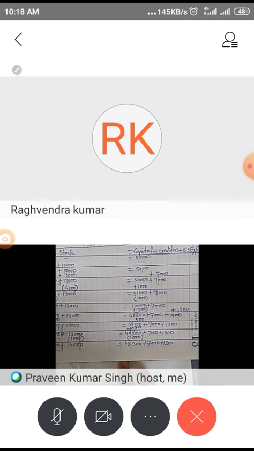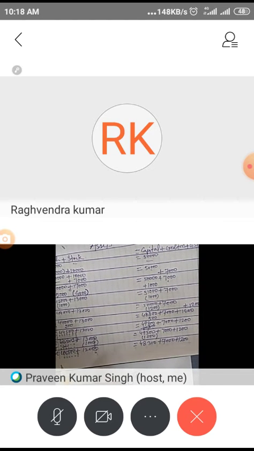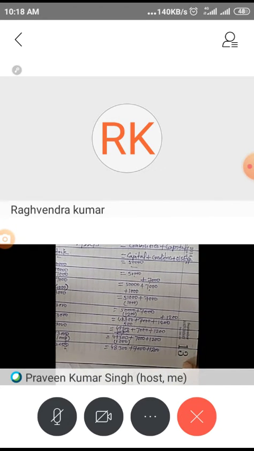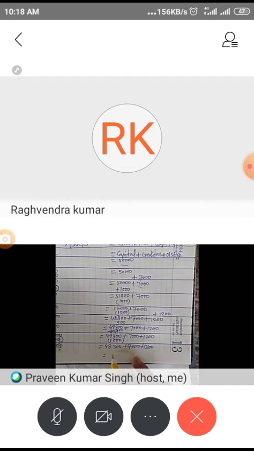So let us add cash plus stock, the total will be 56,500, and on the liability side also it will be 56,500. So both sides will be equal.